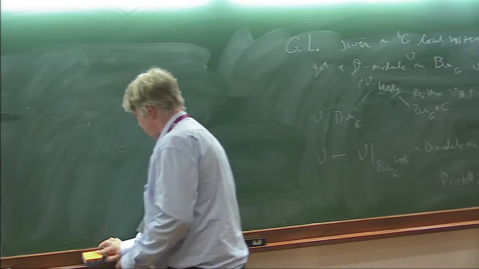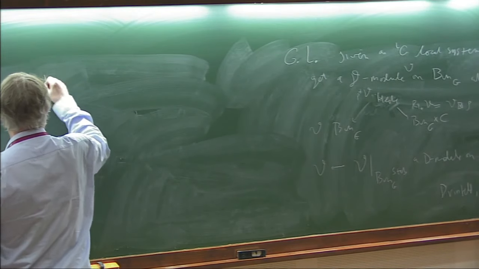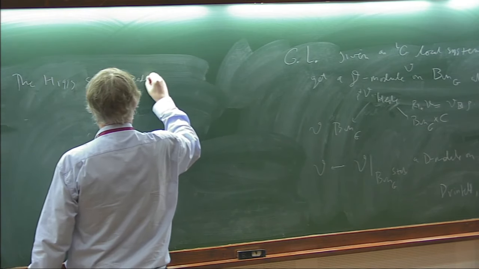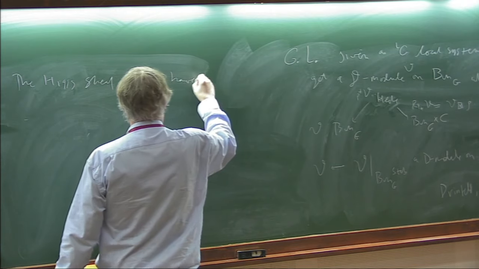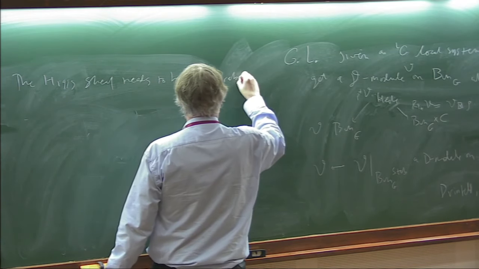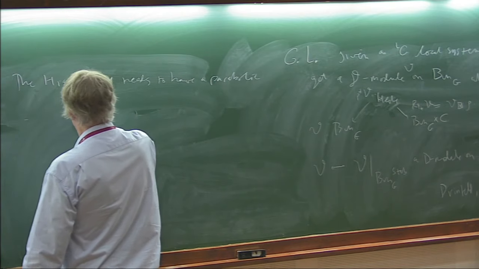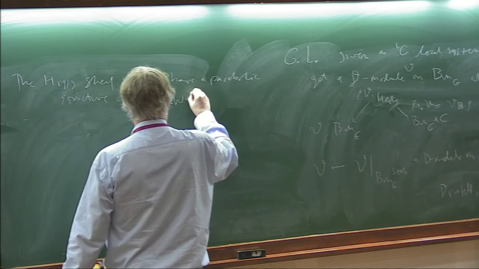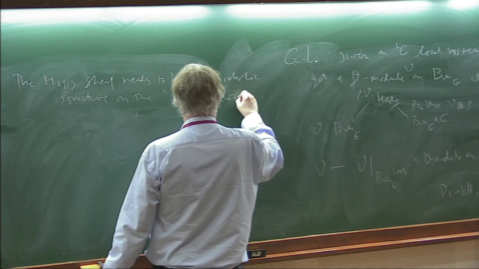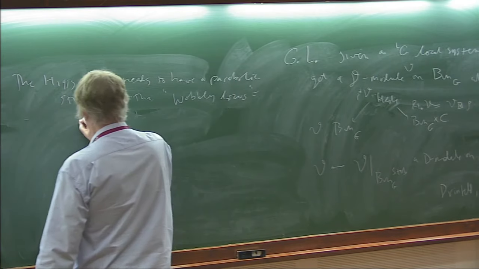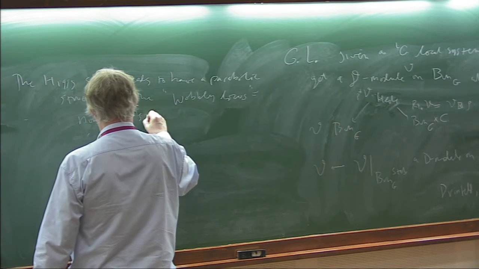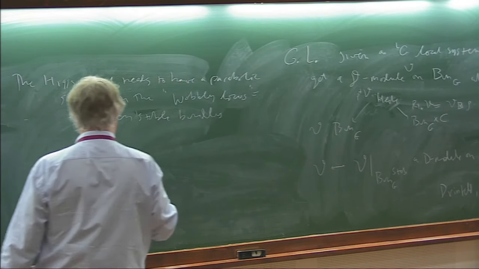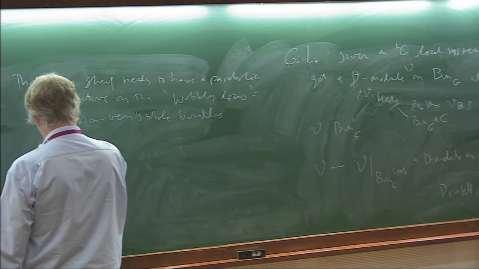The Higgs sheaf needs to have a parabolic structure on what they call the wobbly locus, which is non-very stable bundles. Let me not even give the definition, but let me just draw the picture here.